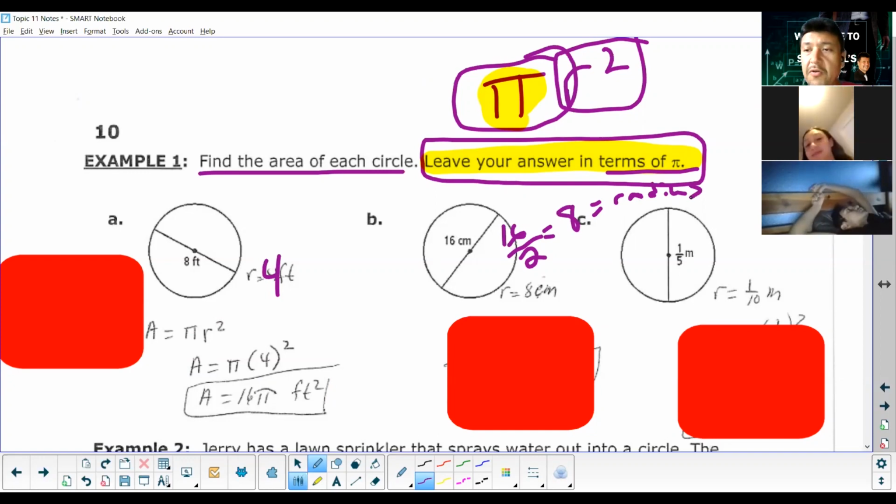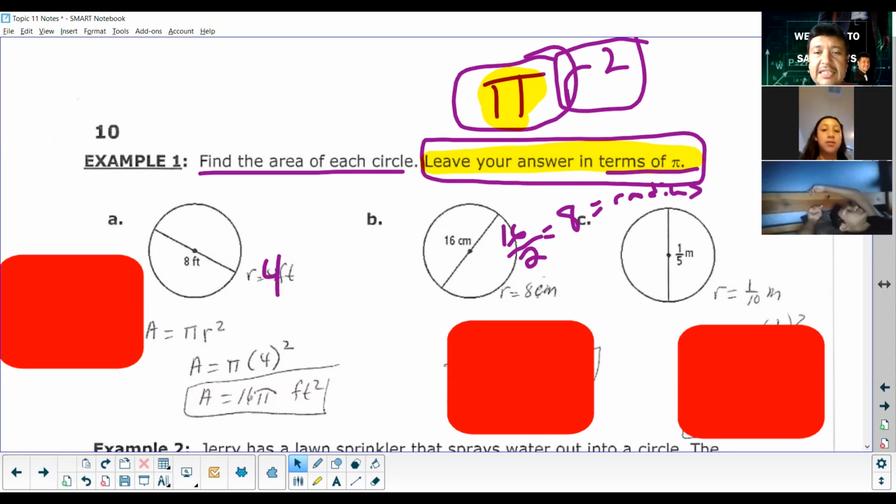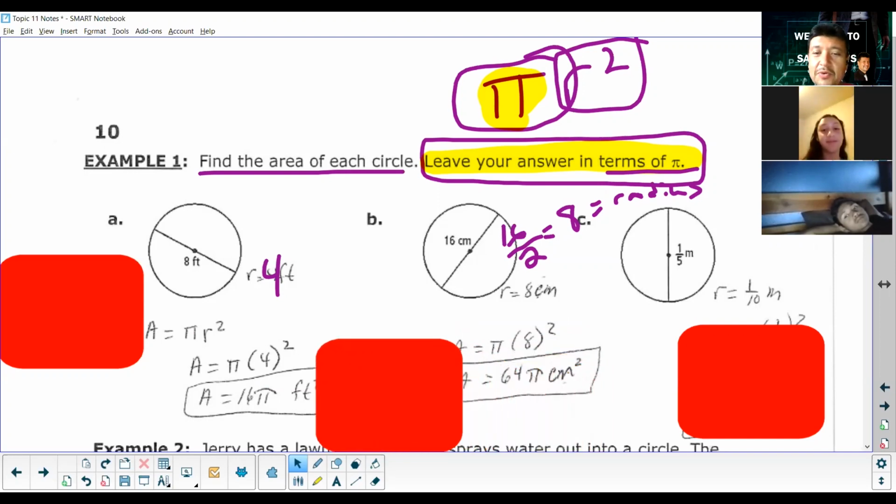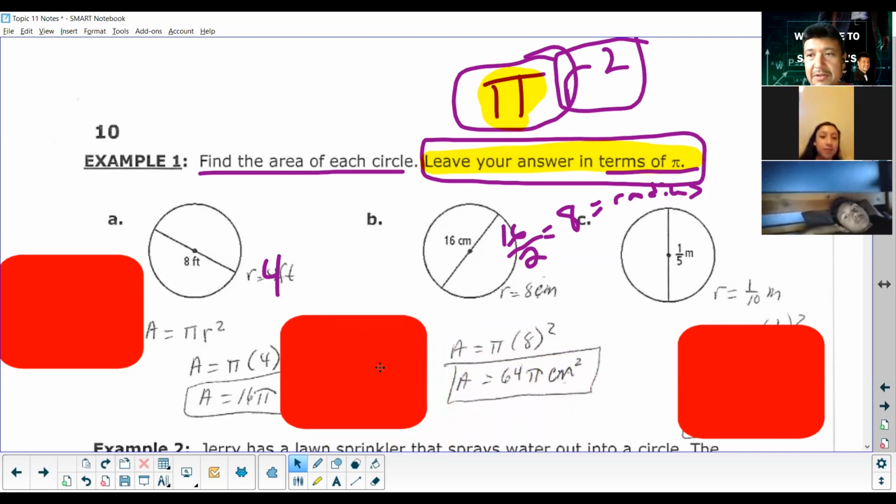So hopefully now you can quickly state what's going to happen, right? Now, what do I do next? You would do 8 squared. Okay, yeah, 8 squared pi, right? So what's 8 times 8? Quick math, Celeste. 8 times 8 is 64, right? Yes. So we'll write 64 pi centimeters squared.